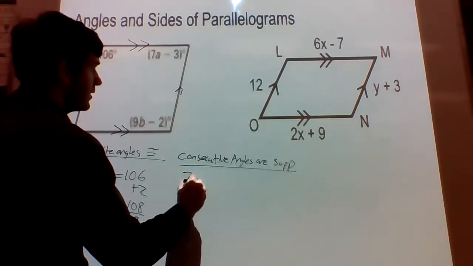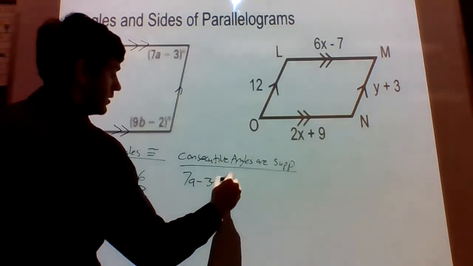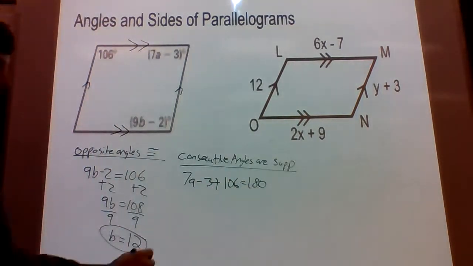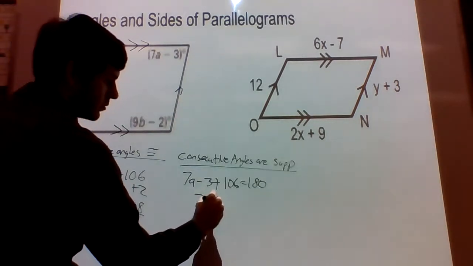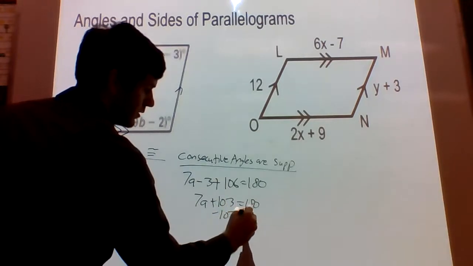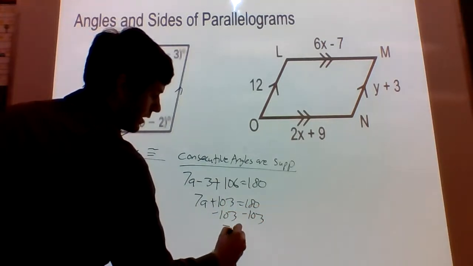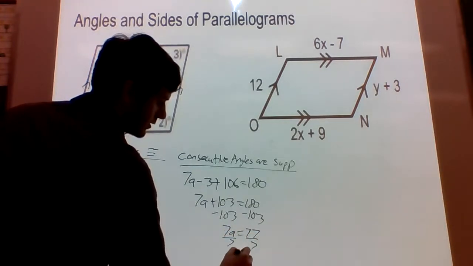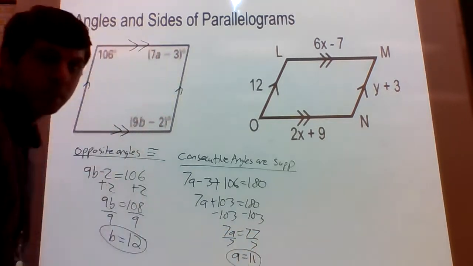So 7a minus 3 plus 106 is going to be 180. So this is 7a plus 103 is 180. Subtract 103. We get 7a equals 77. Divide by 7, a is going to be equal to 11.